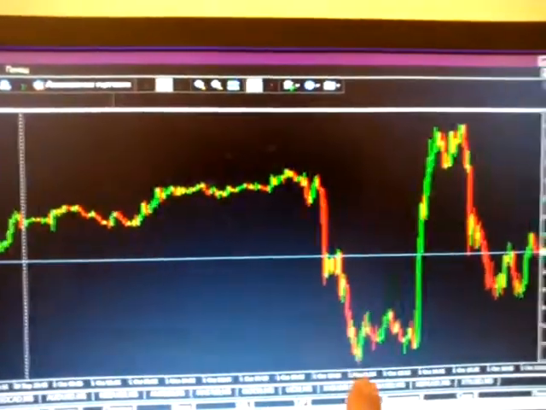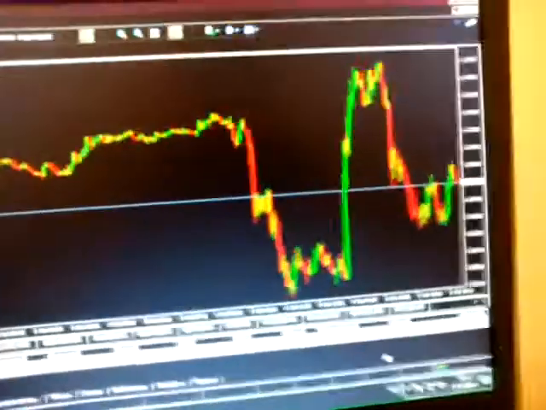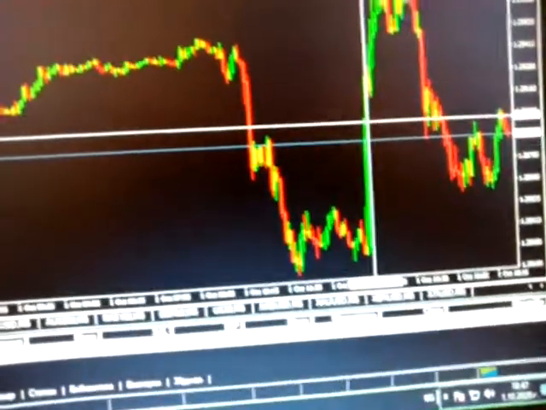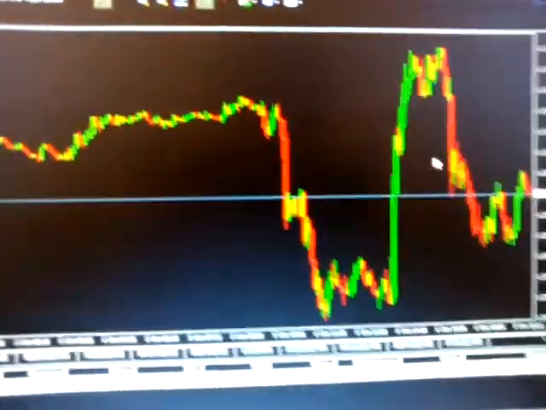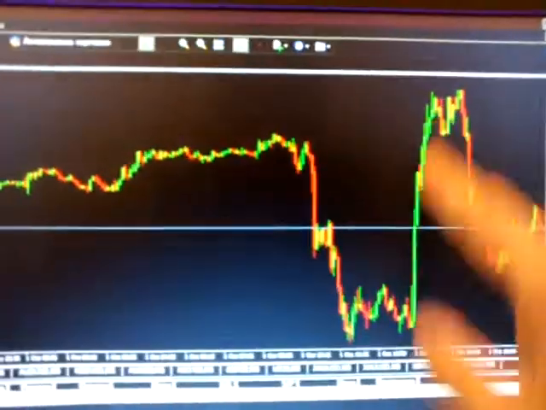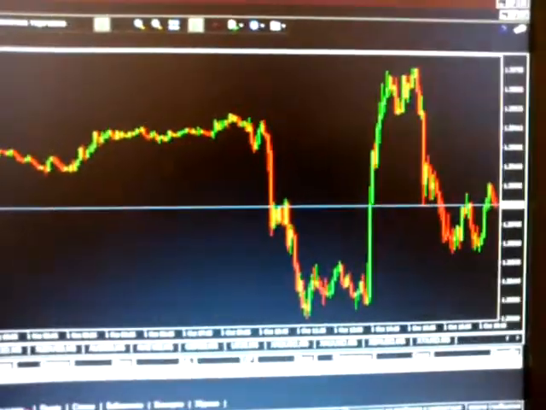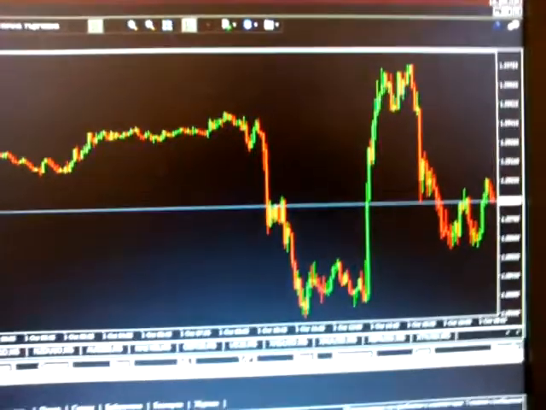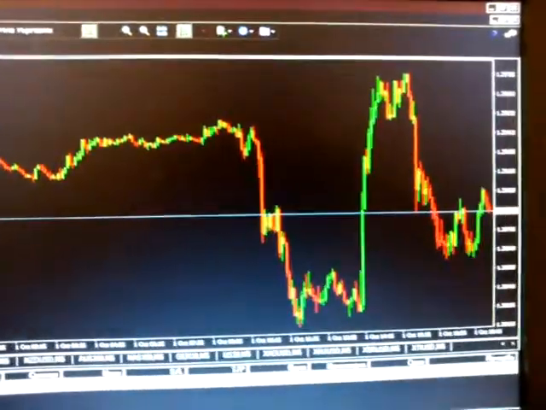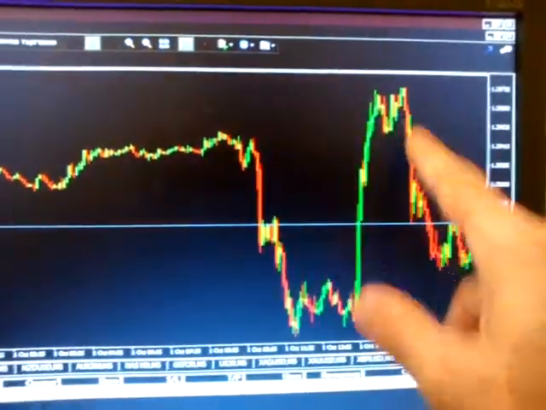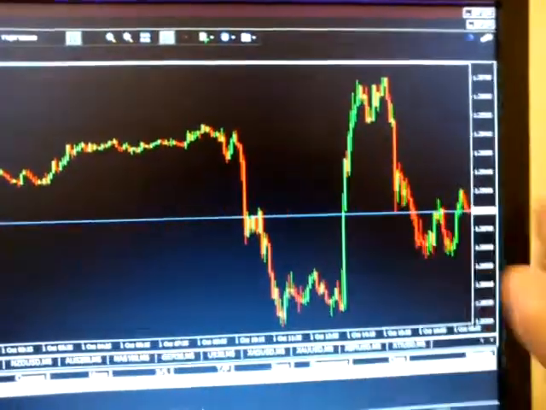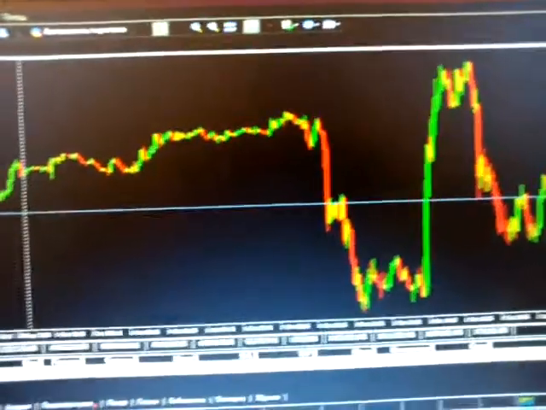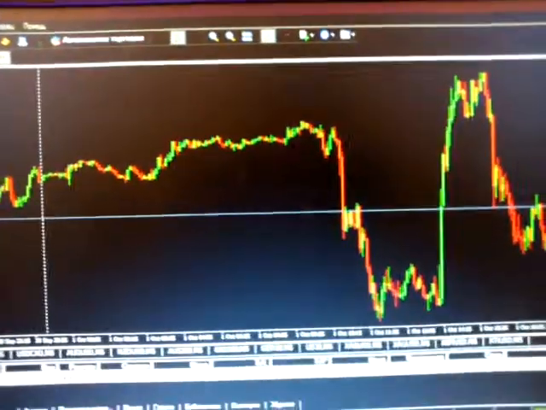And here is the London session, and then we have the New York, the US session starting about here with Canada maybe, and from here to the right is the US session.